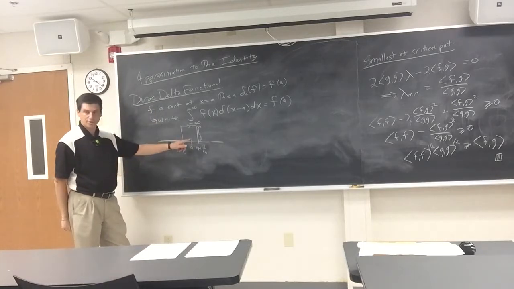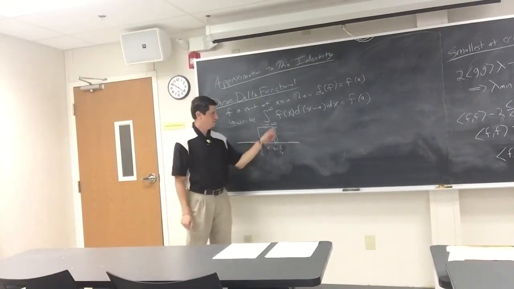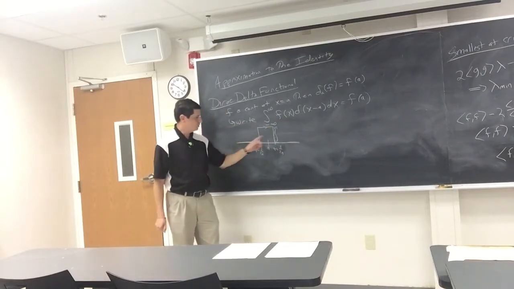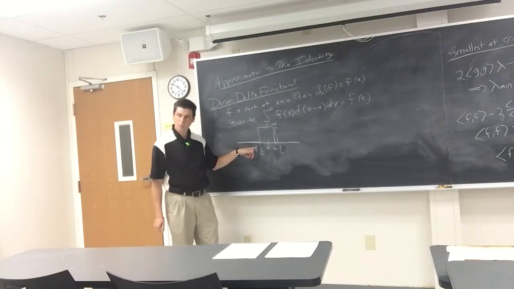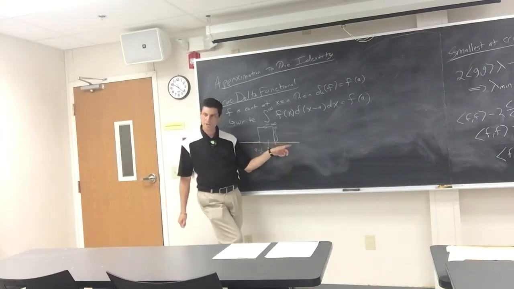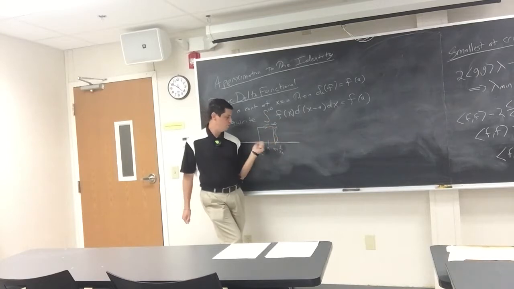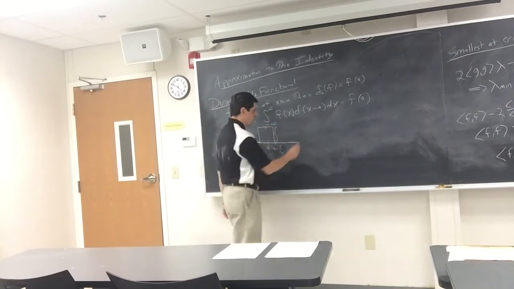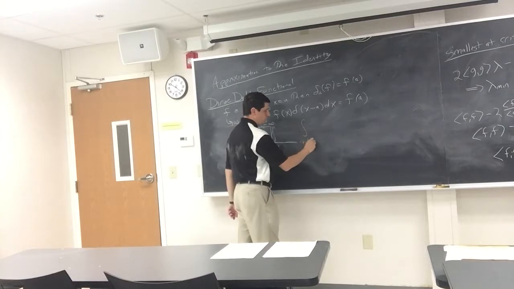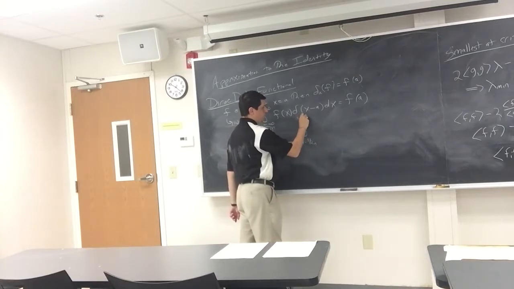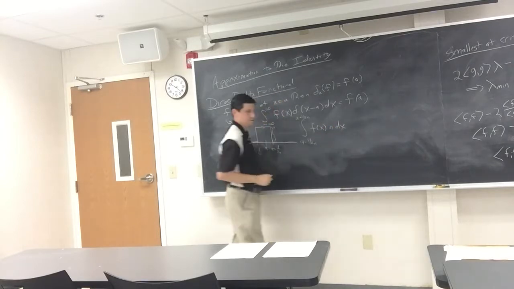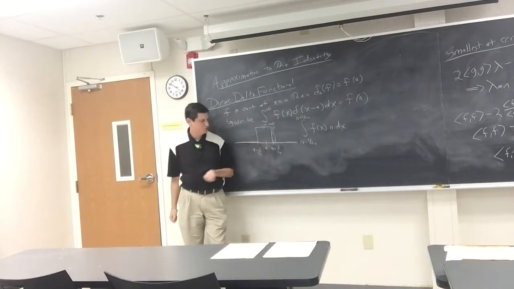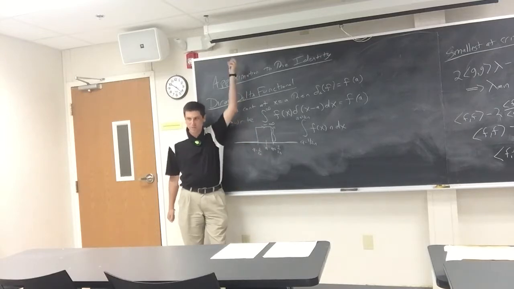So if this is my function, if I now integrate from minus infinity to infinity, since my function is 0 before a minus 1 over 2n and after a plus 1 over 2n, all that matters is what's going on between these 2 points. So I would have the integral from a minus 1 over 2n to a plus 1 over 2n of f of x times n dx. And the area under this rectangle is just going to be 1. Not drawn to scale, extremely large spike.